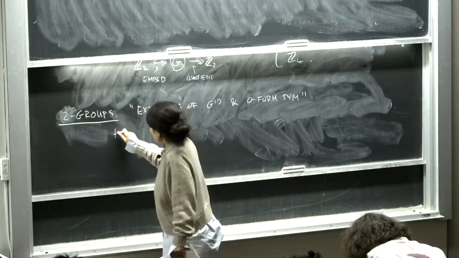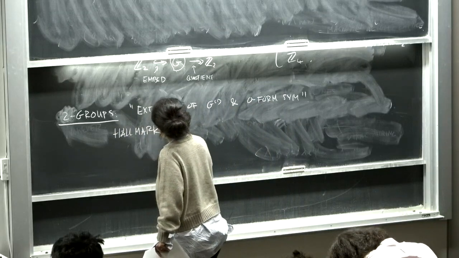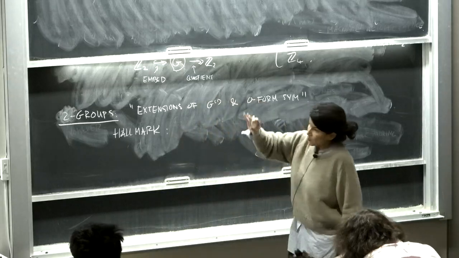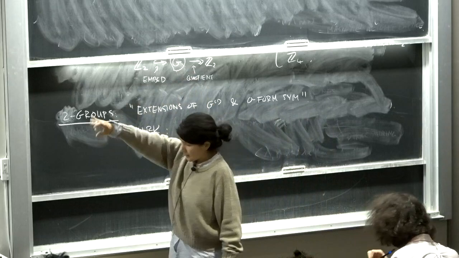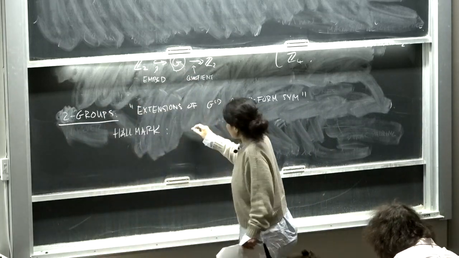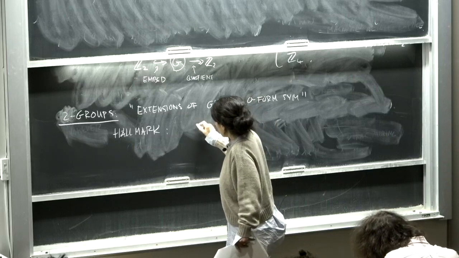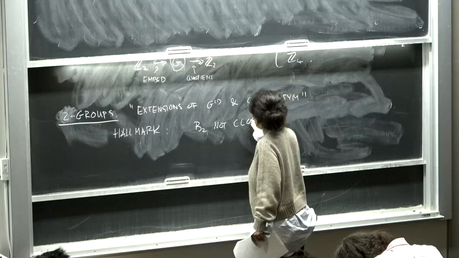And the hallmark of a two group is, so these B2 background fields we said in this vanilla one form symmetry setup were all closed. But in fact, we'll say that actually B2 is not closed.